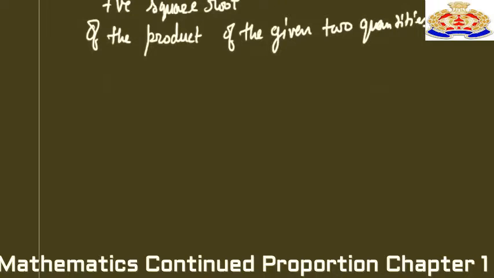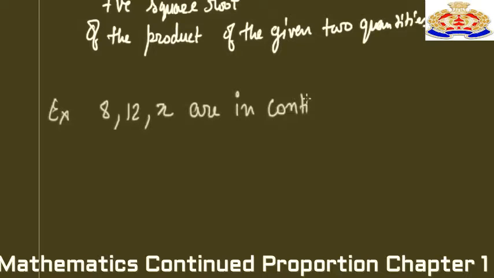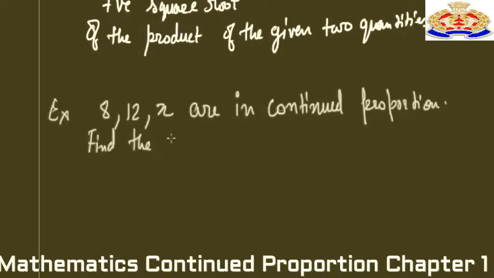Now let us see some examples based on it. If 8, 12, x are in continued proportion, then we have to find the value of x.